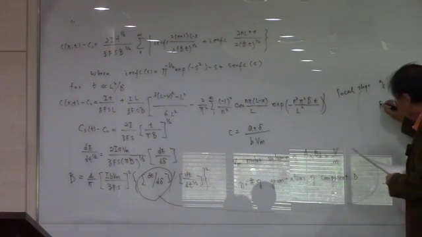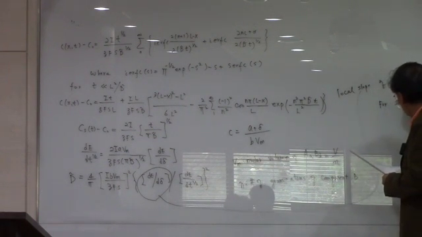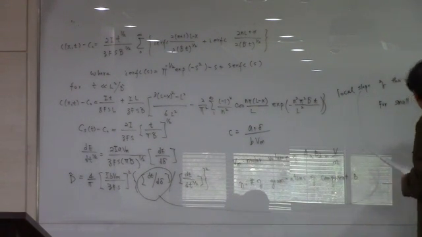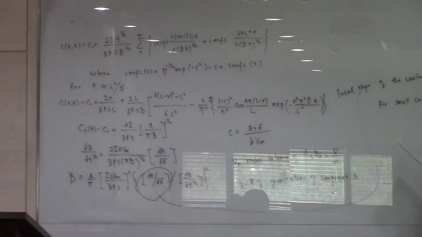And for small current, of course, dE over d delta is linear. dE over d root t is also linear.